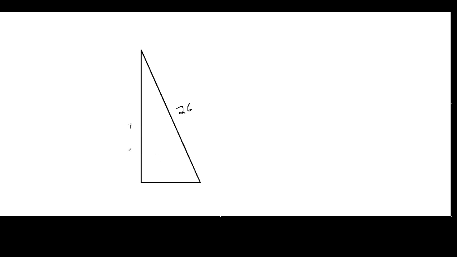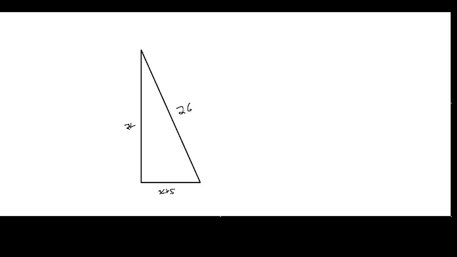This here is gonna be 24, and this is gonna be x plus 5. You might be thinking, oh no, what do we do here? Well, that's up to you. I'm going to give you a few seconds to pause, answer it, then we will do the question.